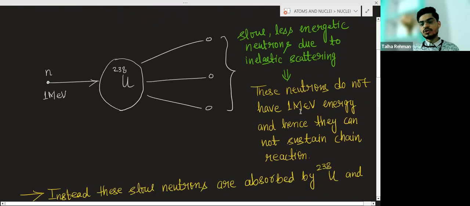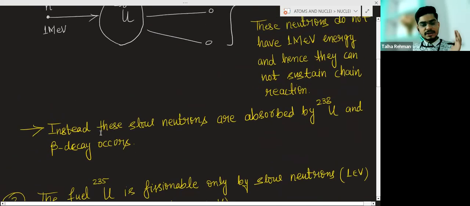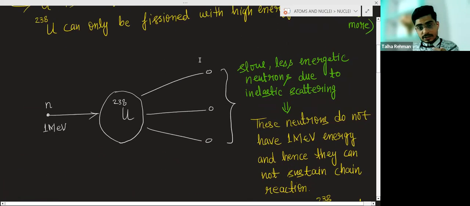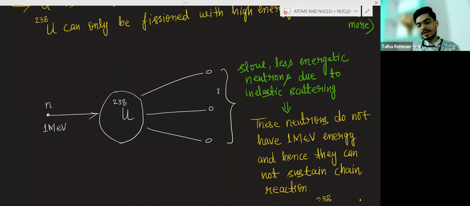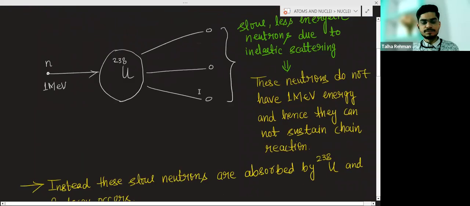They do not have 1 mega electron volt energy, and hence they cannot sustain the chain reaction. Instead, these slow neutrons are absorbed by further uranium-238 and beta decay occurs instead of nuclear reaction.